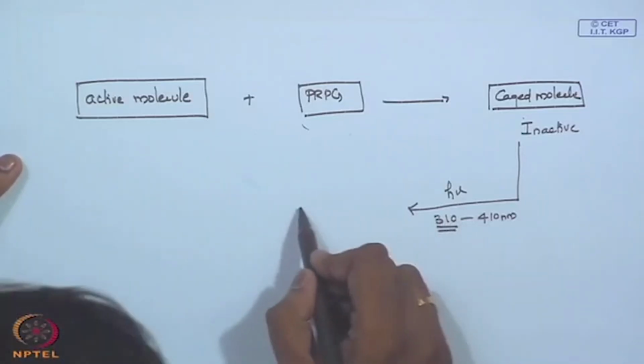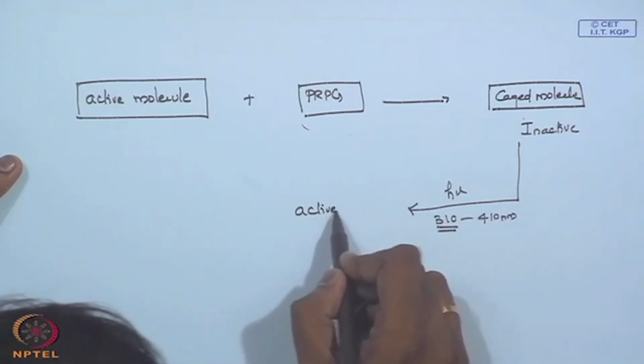So it is always safer to go above 400 nanometer, and much safer at 700, which can be done by the two-photon absorption method, like coumarin does. The same coumarin protecting group absorbs at 350, and in two-photon the same group absorbs at 700 nanometer. Clear? So, you can shine light of that wavelength and then release your active molecules.